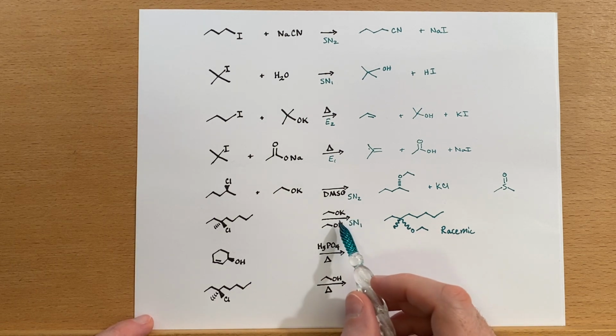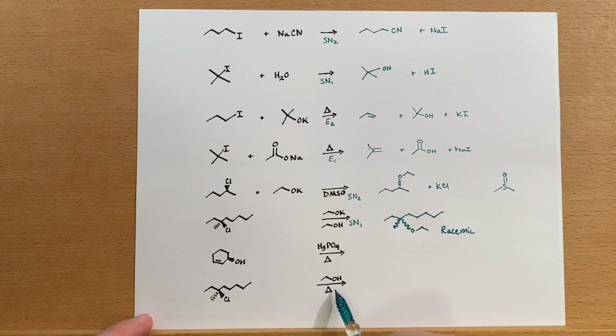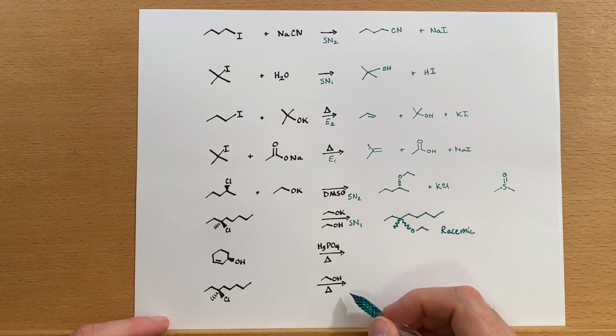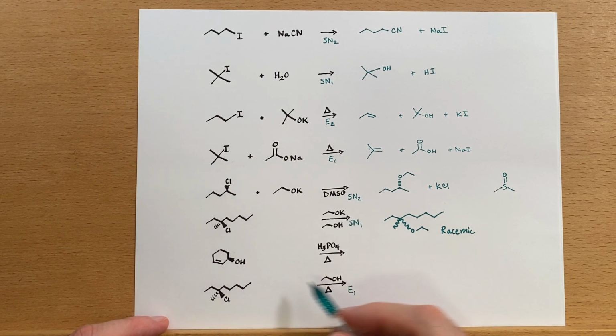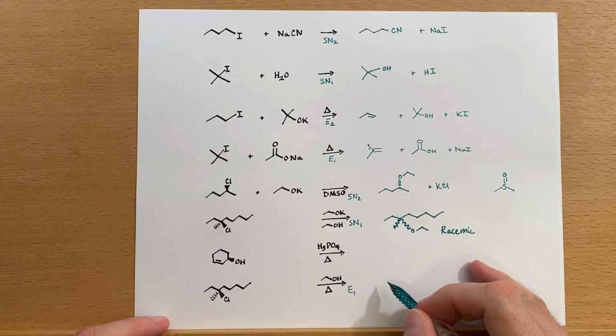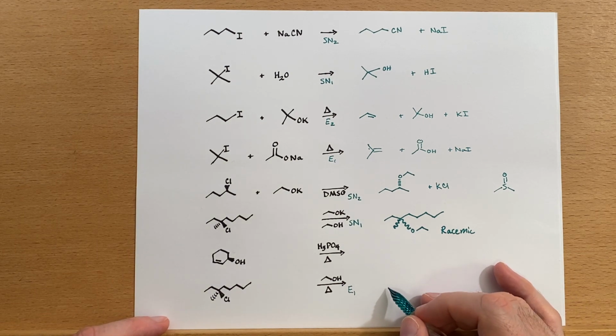Here we've eliminated the really strong nucleophile and we've added heat to this reaction. So when we do that, we should expect that this is going to be an elimination, but it's not a particularly strong base. So this is likely going to be E1. And when we do E1 for this reaction, we're going to get a bunch of products.